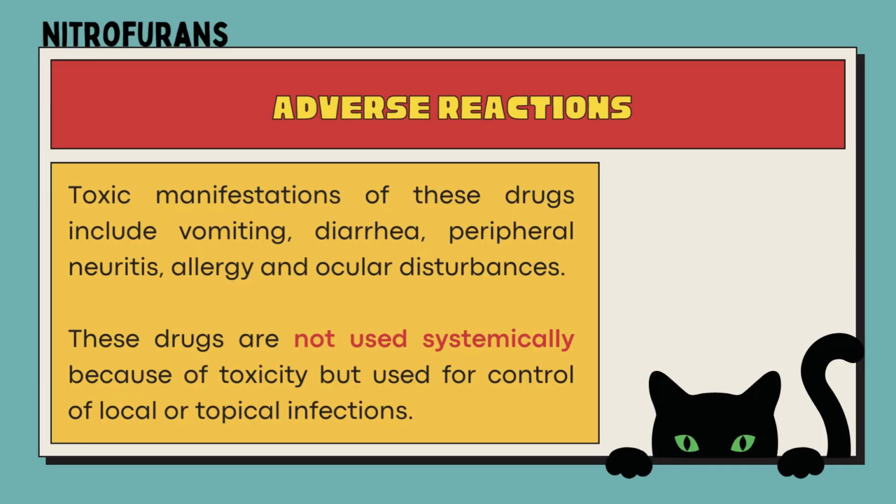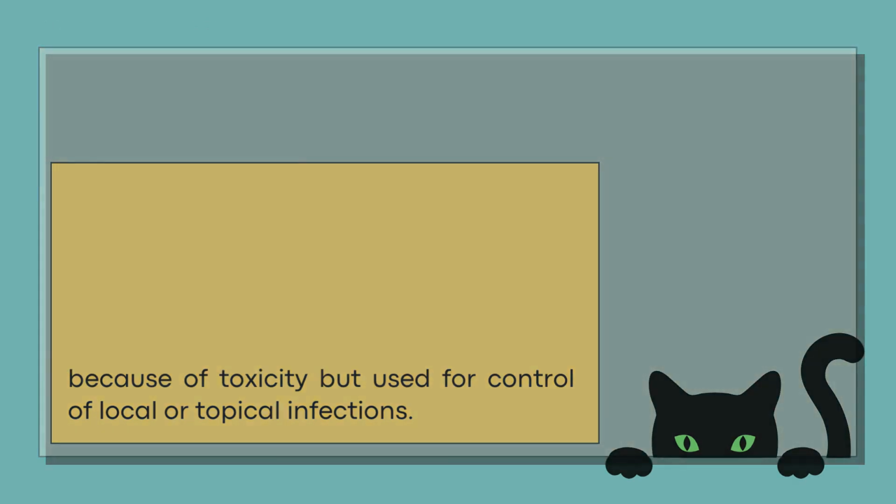However, nitrofurans also have adverse reactions. Toxic manifestations of these drugs include vomiting, diarrhea, peripheral neuritis, allergy, and ocular disturbances. These drugs are not used systemically because of toxicity, but are used for control of local or topical infections.